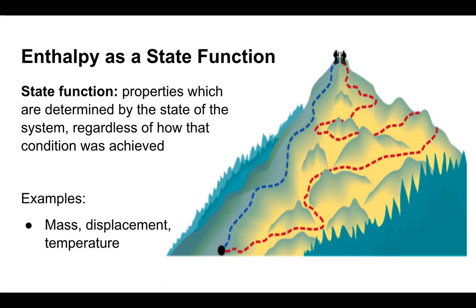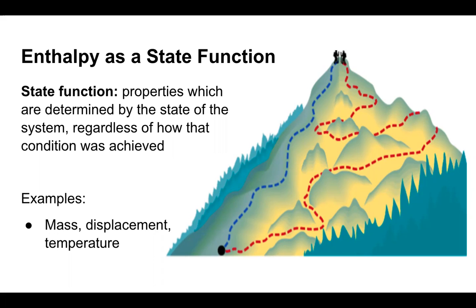Now, if we're looking at this as a state function, basically these two hikers have made it to the top of the mountain, right? And regardless of the path they took, all that matters is that these two hikers ended up at the top of the mountain. So it doesn't matter that the two paths were different from each other.